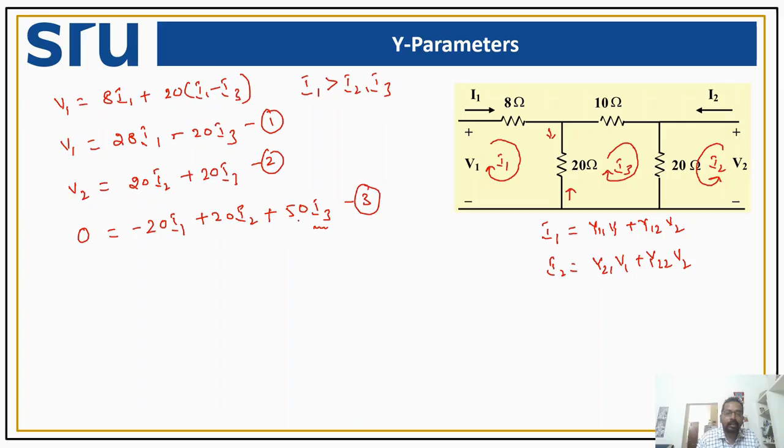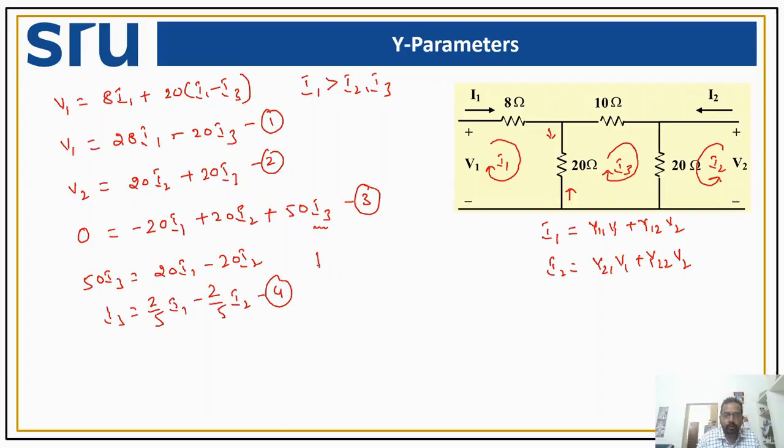So let us eliminate it first. From equation 3, 50 I3 is equal to 20 I1 minus 20 I2. So my I3 is equal to 2 by 5 I1 minus 2 by 5 I2. Let us call this equation 4.